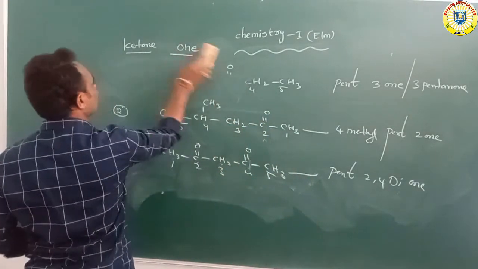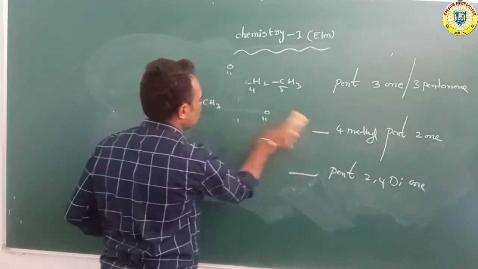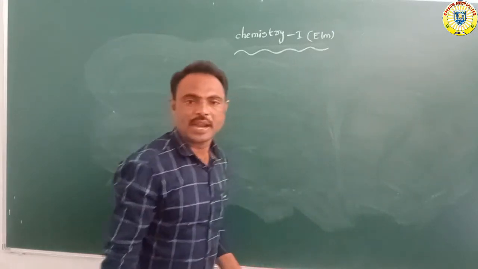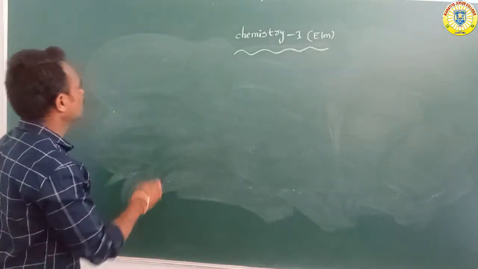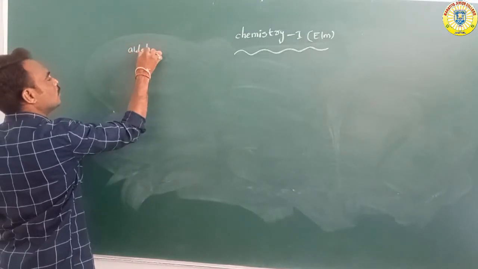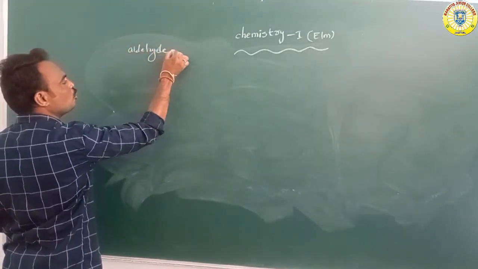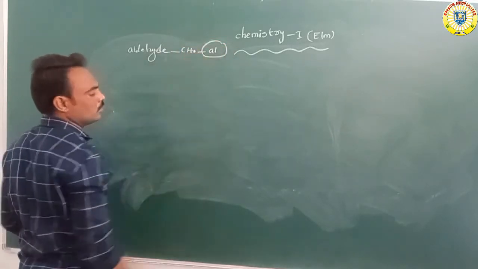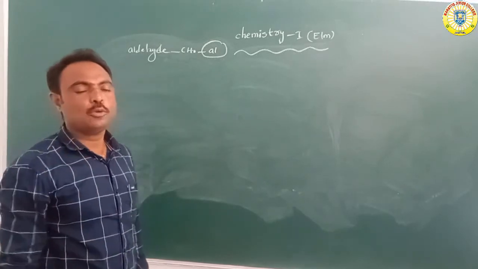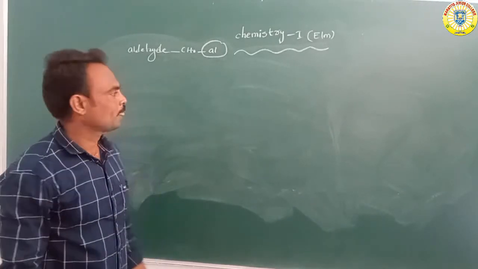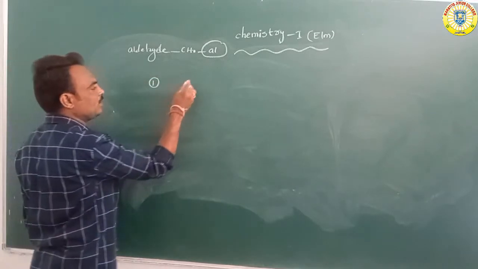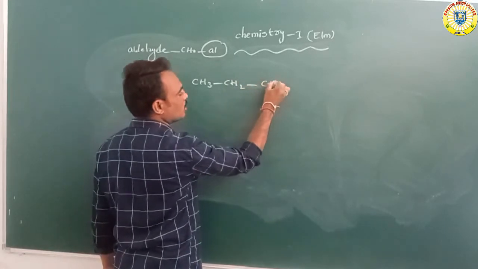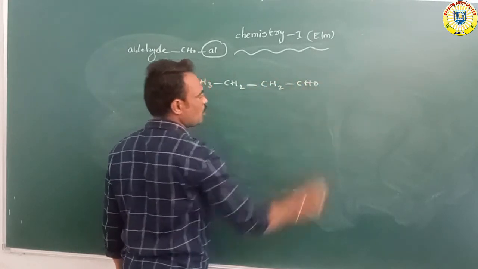Next further, we write the aldehyde functional group, just like CHO. What is the IUPAC word? "Al". So "al" is the IUPAC word for the aldehyde functional group. Suppose for example CH3 bond, CH2 bond, CH2 bond, CHO.